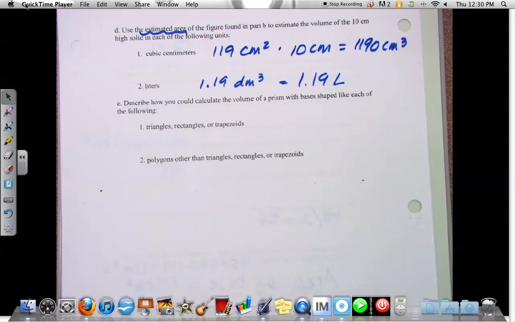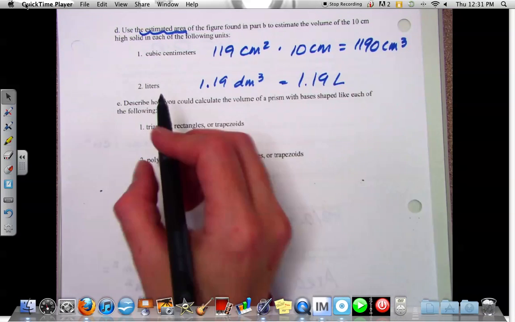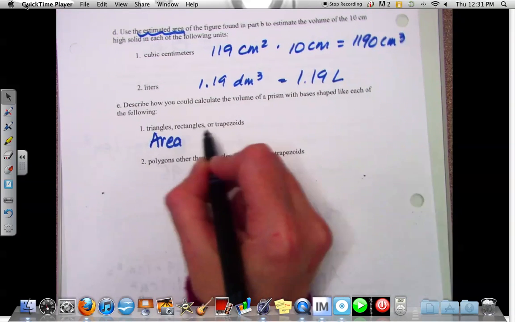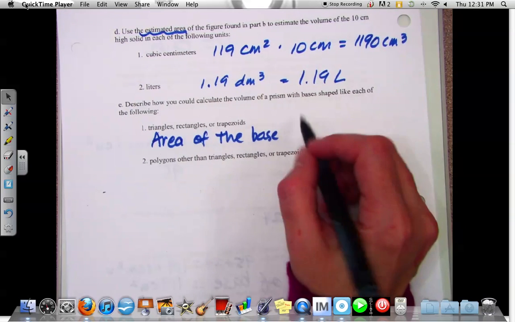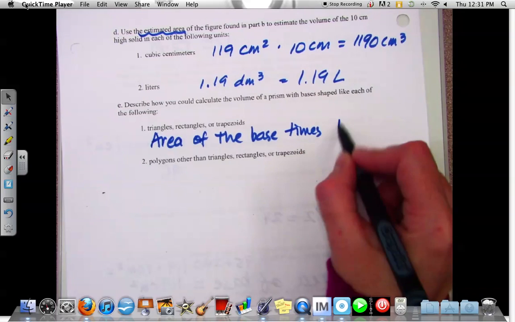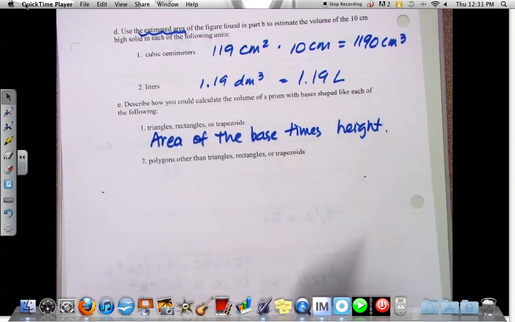All right, describe how you would calculate the volume of a prism with bases shaped like triangles, rectangles, or trapezoids. So how do you find volume? Multiply the area of the base by the height. All right. How do we find volume with bases shaped like hexagons, pentagons, or octagons?